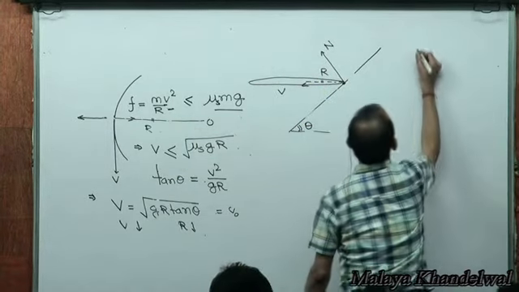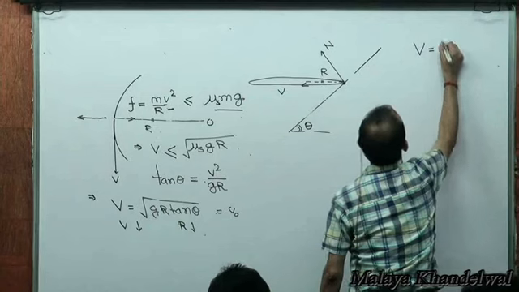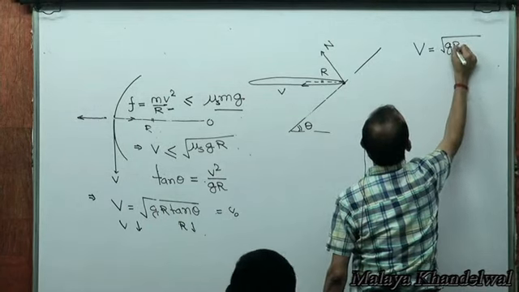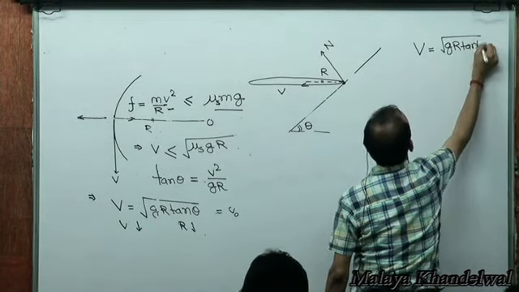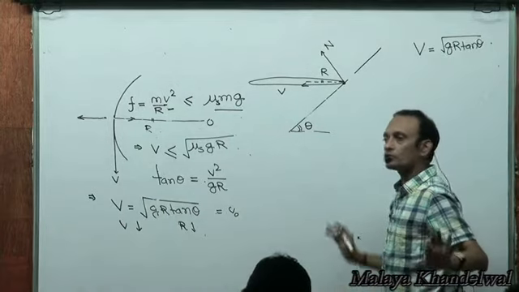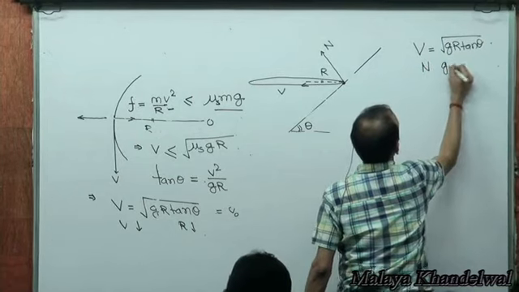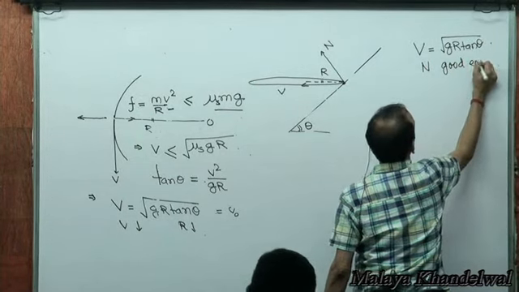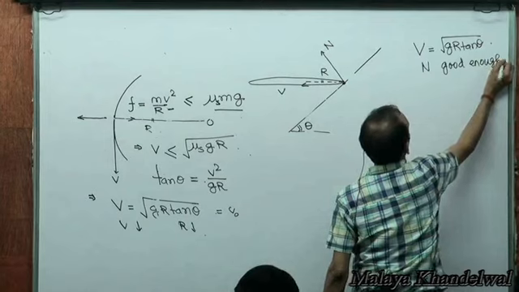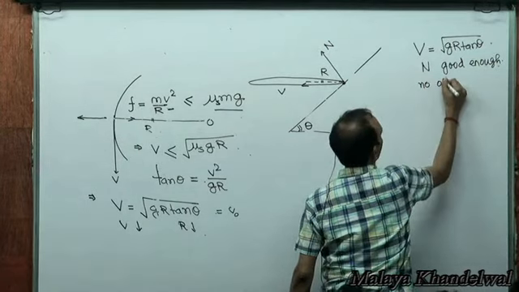Evidently what we have seen is, if v is root gr tan theta, then normal reaction N is good enough. No other support required.